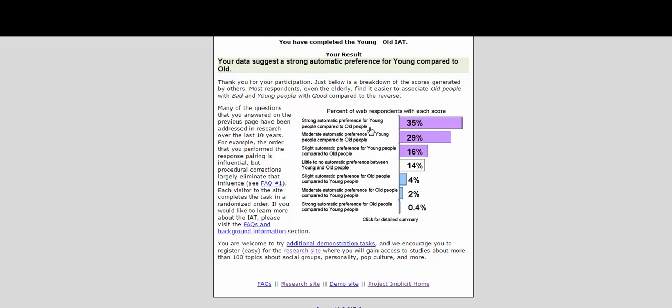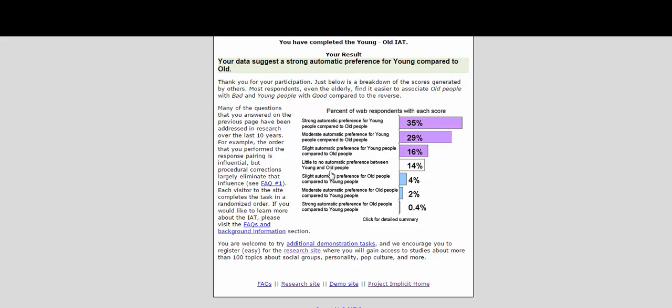You see that the largest single group, 35%, that's not most people, but that's the largest plurality, had the same result: strong automatic preference for young people compared to old people. A smaller percentage, 29%, had moderate automatic preference for young people compared to old people. Only 0.4% had a strong automatic preference for old people compared to young people.